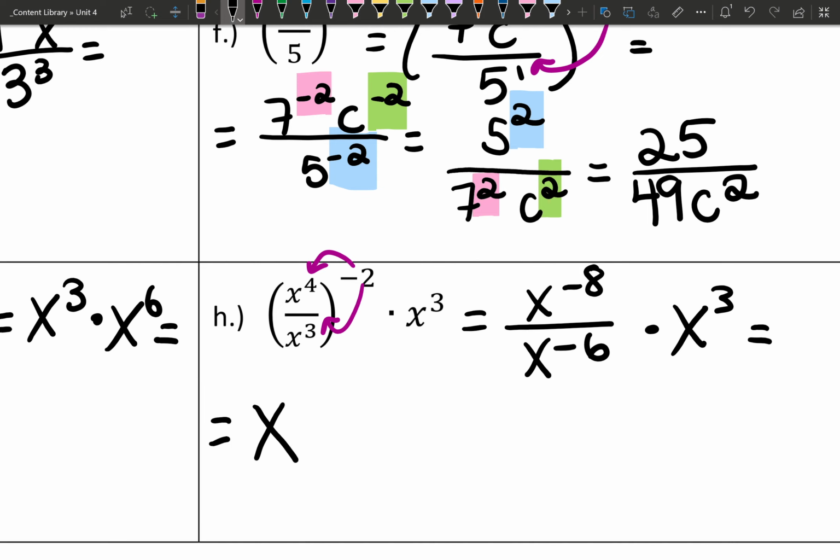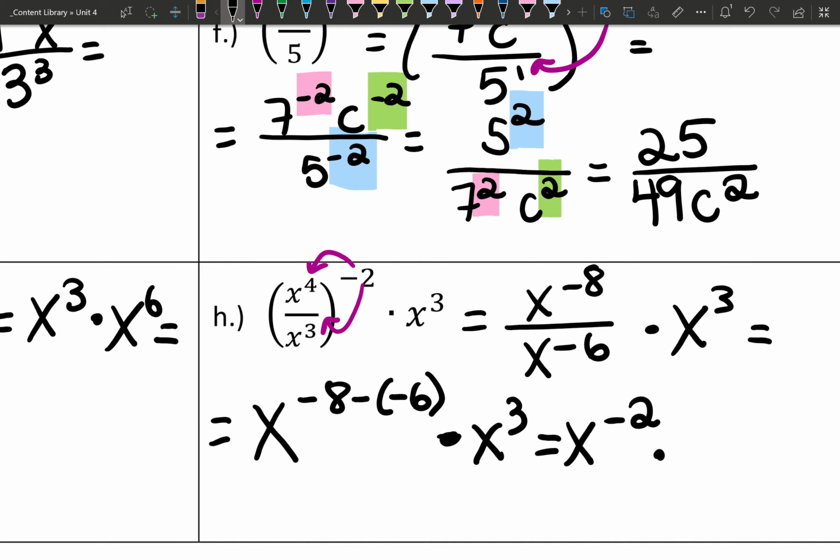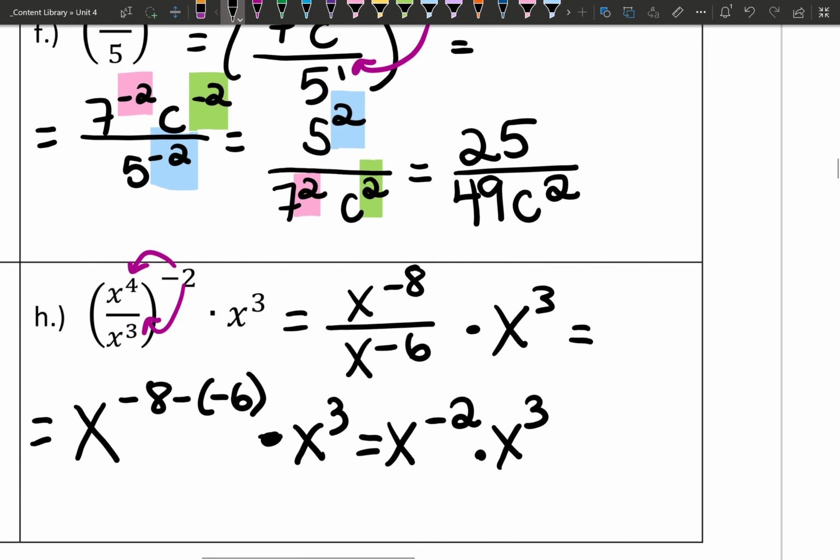I don't need to use the power of the product of negative exponents. Sorry. So I am going to go ahead and subtract them first. So we have x to the power of -8 minus -6 times x to the 3rd. So this becomes x to the power of -2 times x to the 3rd.